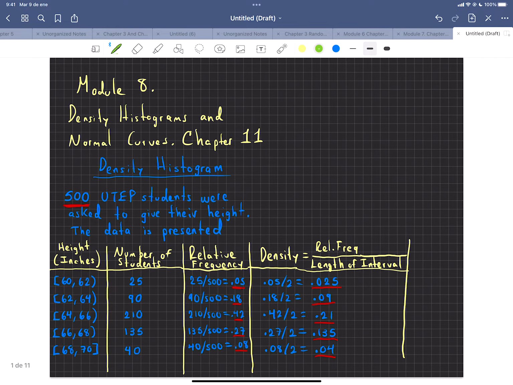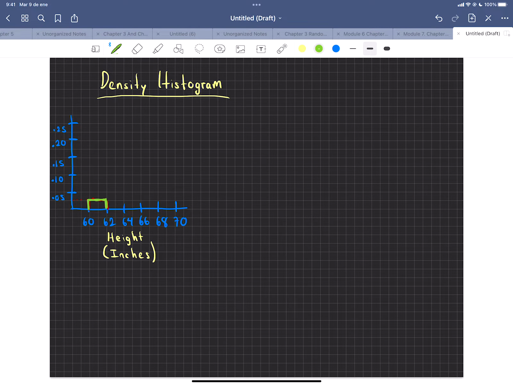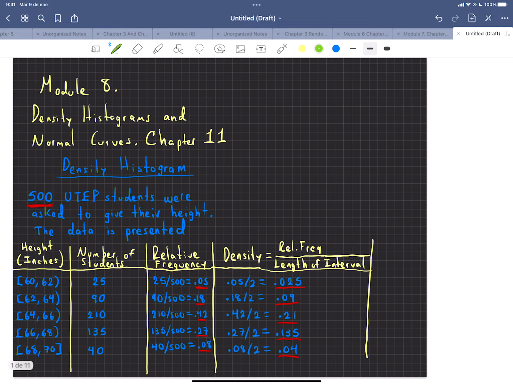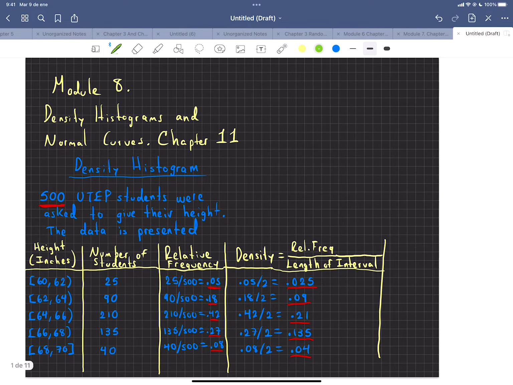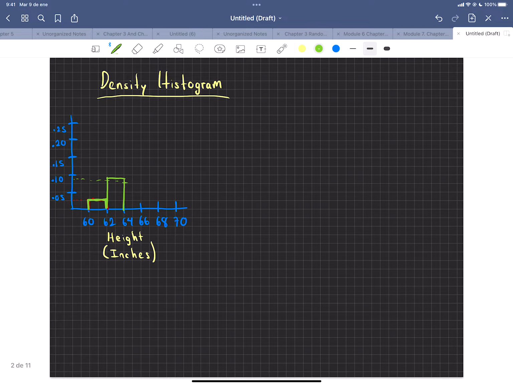From 62 up to 64, 0.09. It's approximately here. From 64 to 66, 0.21. 0.21 is approximately here.